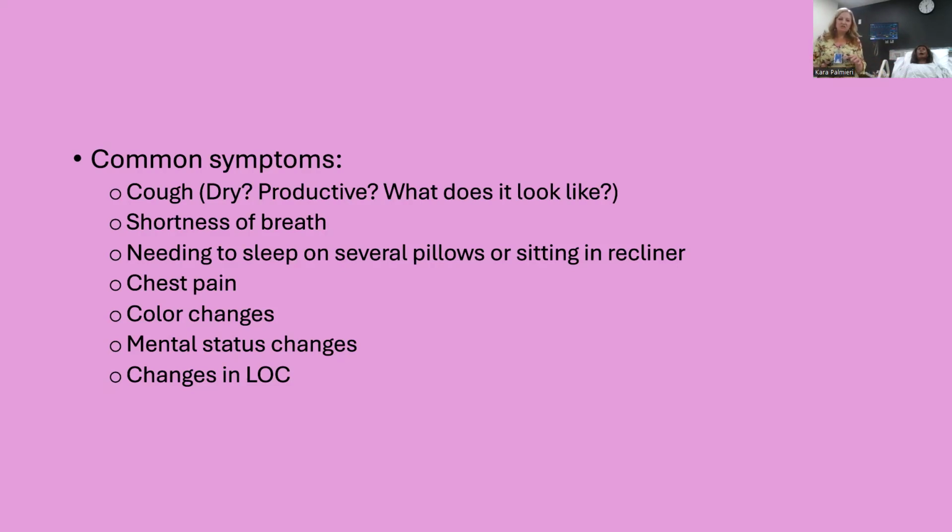Maybe they'll answer questions a little bit inappropriately. And those are your cues that something's not quite right here. And definitely changes in level of consciousness. If your patient's alert and awake one minute and not the next, it's certainly something to hone in on and try to figure out what's going on.